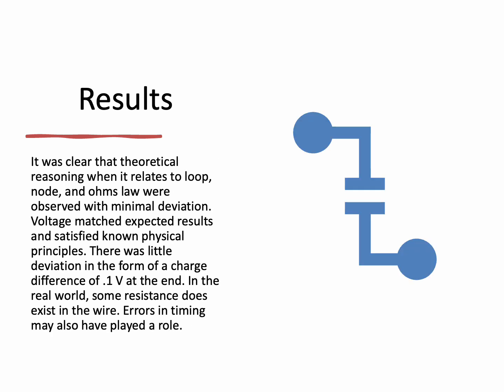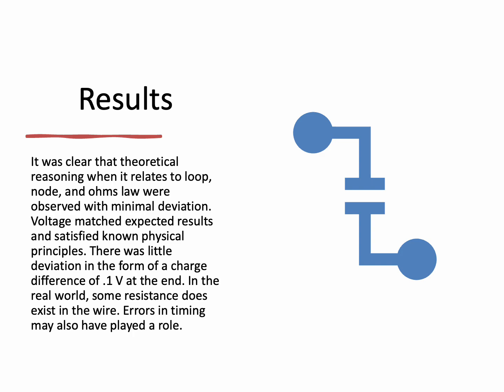Now for the results, it was pretty clear that the theoretical reasoning, at least when it comes to the loop rule, node rule and Ohm's law, were in fact observed with some deviation. The voltage did, for the most part, match expected results and satisfied some of the physics principles that we know to be true.